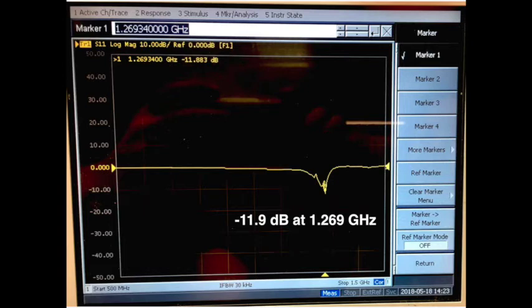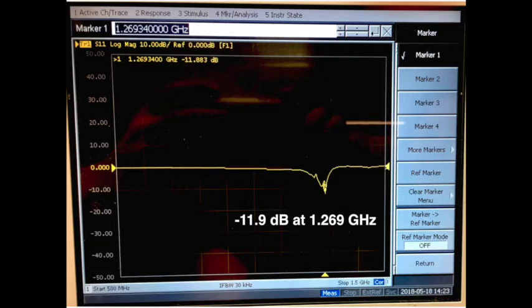This means that this is a resonance frequency of the cavity resonator, and as it is seen, there is no lower frequency in which this is lower than minus 10 dB. This shows that this is the dominant frequency for the cavity resonator.